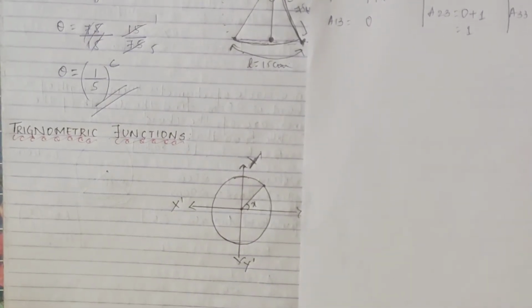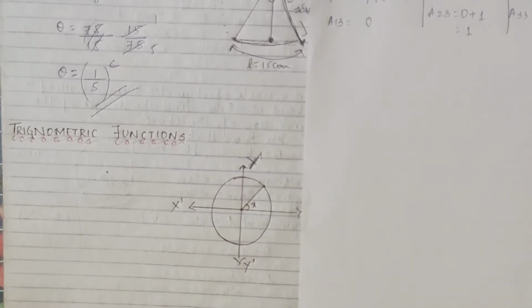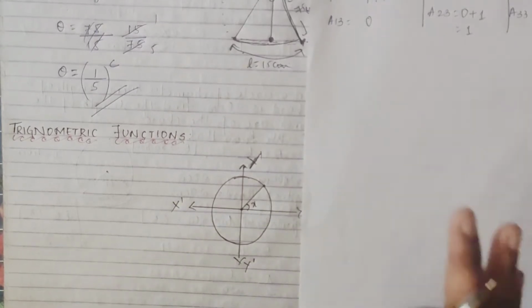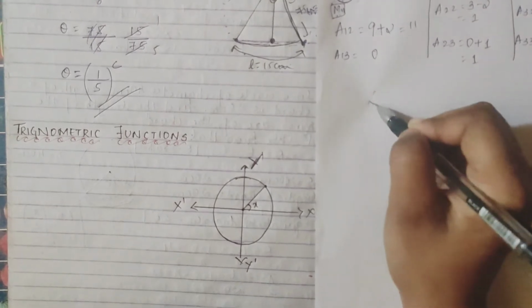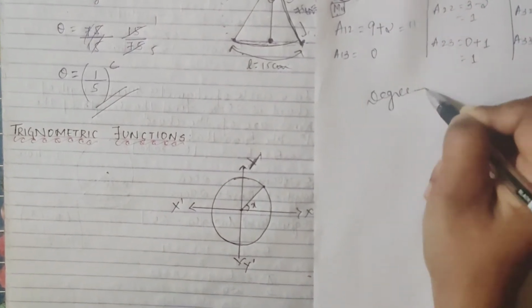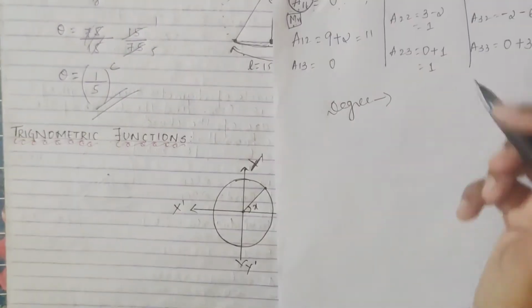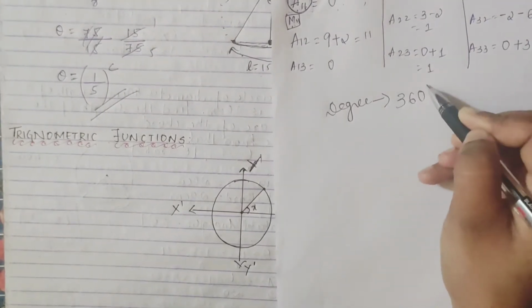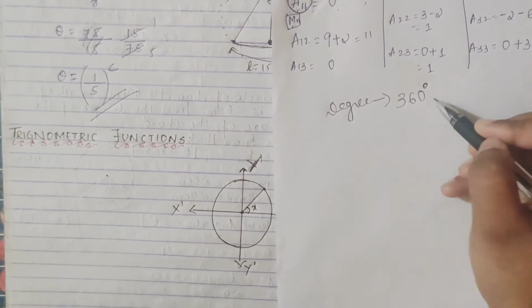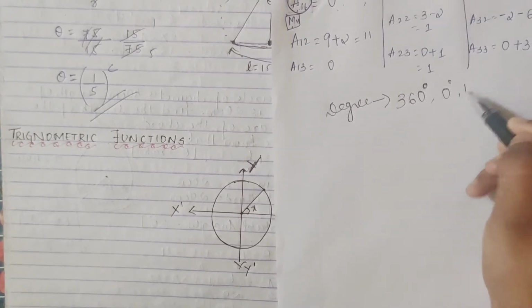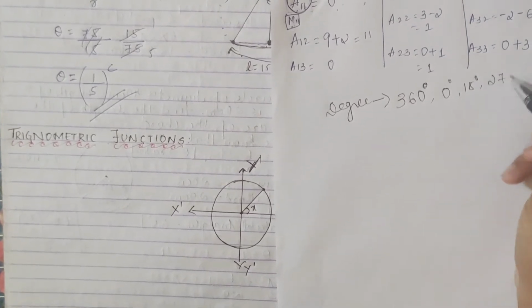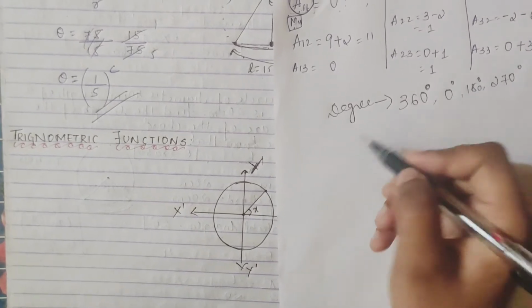Till last class you have done degree and radian. Just remember it: degrees are what we give, like 360 degrees, 0 degree, 180 degree, 270 degree, I am just noting it.